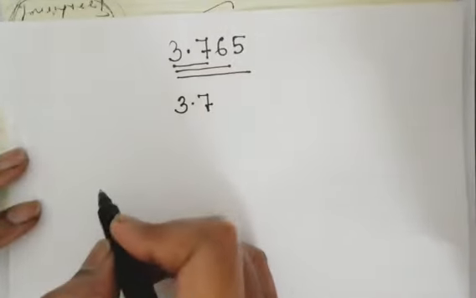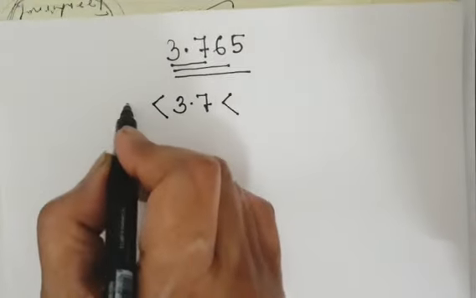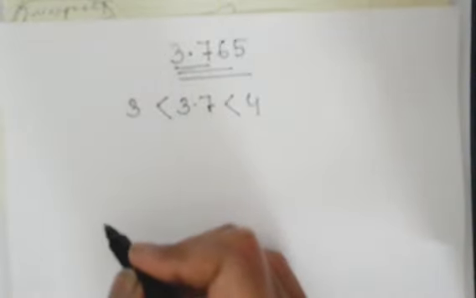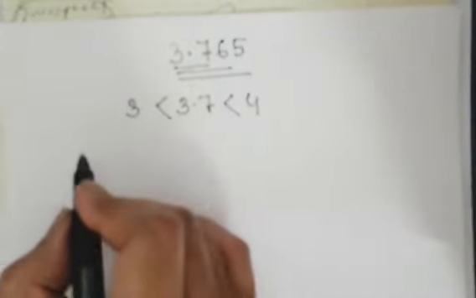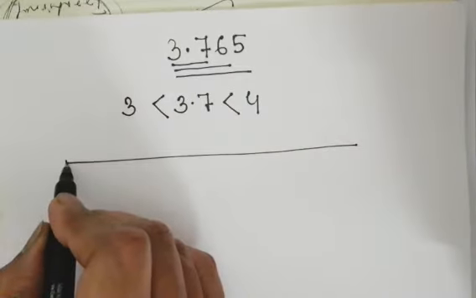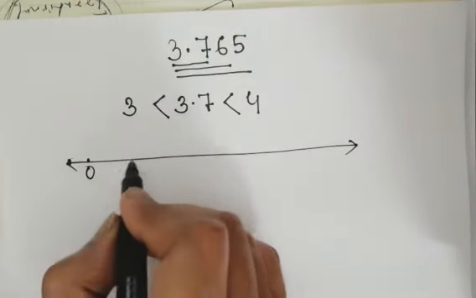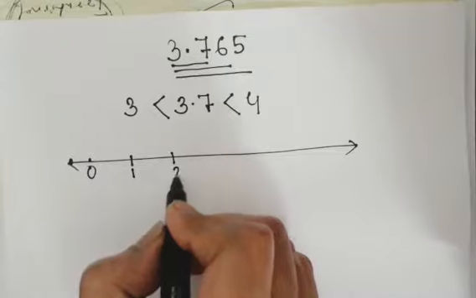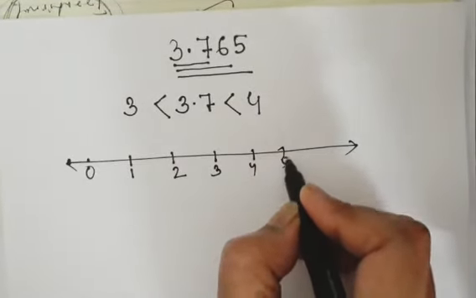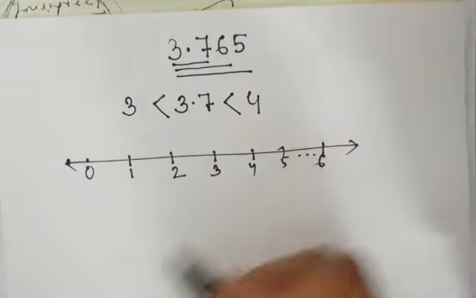3.7 is a number which lies between 3 and 4, whole number 3 and whole number 4. So obviously on the number line also, suppose this is your number line, this is 0, this is 1, this is 2, this is 3, 4, 5, like this it goes on, suppose it is 6.